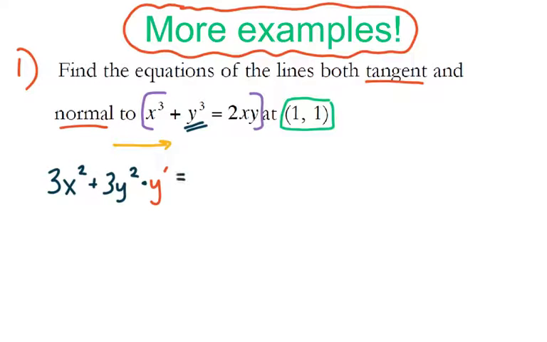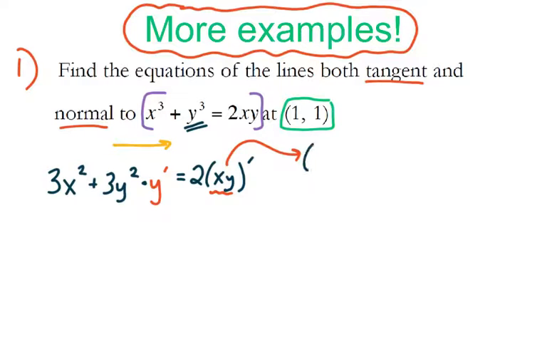Equals, all right, well, I have a 2 here hanging out. So I'm going to put the 2 on the outside and just focus on the derivative of the inside. But on the inside, do you notice here we have a product? So we're going to need product rule with the y term as well. So how about I do that off to the side here as my brain's thinking about it?